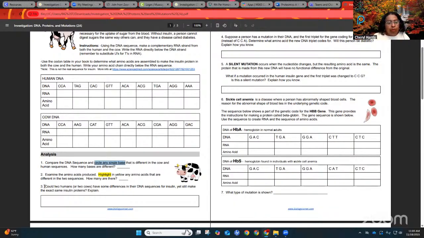All right, so remember what I said about knowing these things in the box. Question number 3 wants you to explain how you can have different codings and still get insulin.